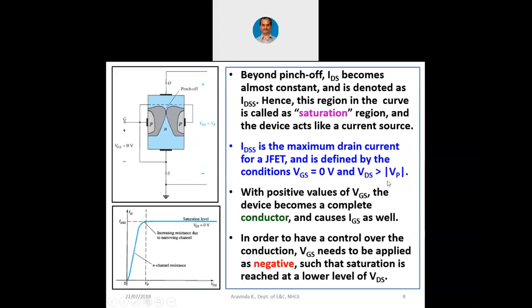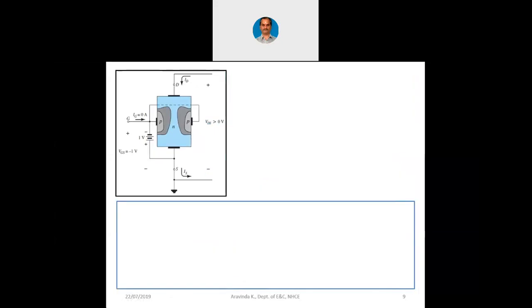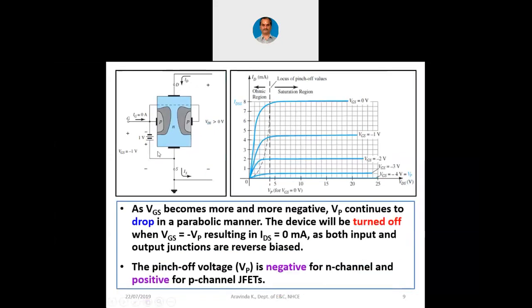Because VDS is always positive, but VP is now represented as negative. Why is it represented as negative? Because we are applying negative gate bias. Whenever we apply a negative gate bias and the switch completely turns off, even in spite of us giving VDS here, then it is called switching off, and that is why pinch off voltage is negative.